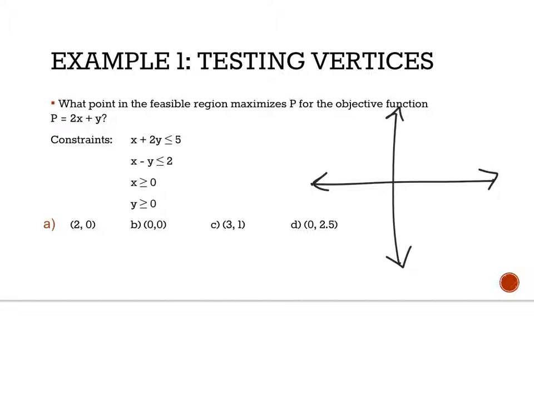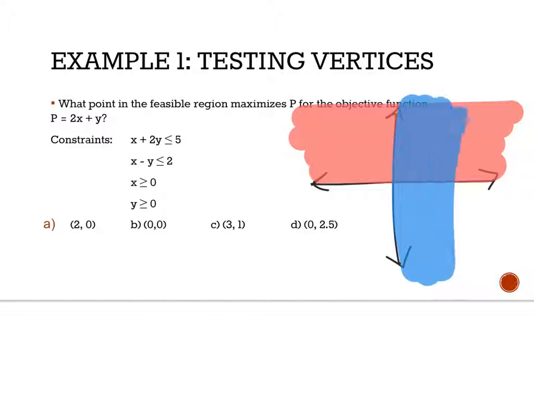That is actually going to be the x-axis. So it's greater than, so we're going to shade above that in pink. A lot of shading going on here. The last one is y is greater than or equal to 0. So that's actually going to be the y-axis, and it's greater than, so you're going to shade all the y's that are greater, which is to the right.